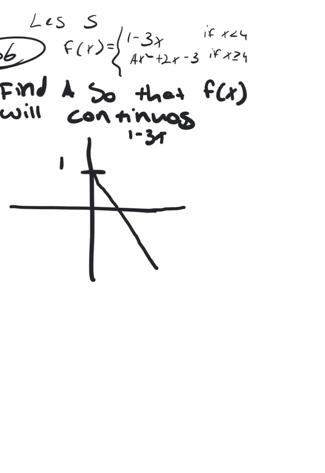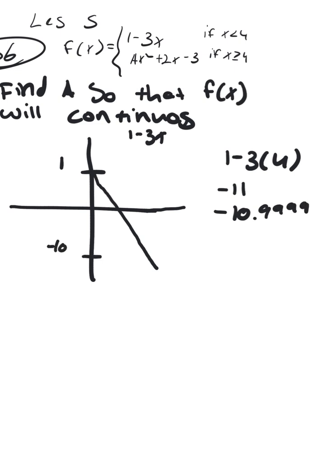So let's say we were to plug in 3.999. In this case, we'll just plug in 4 to make it easier. 1 minus 3 times 4 would be -11, or -10.999999999. So our slope ends right around here.